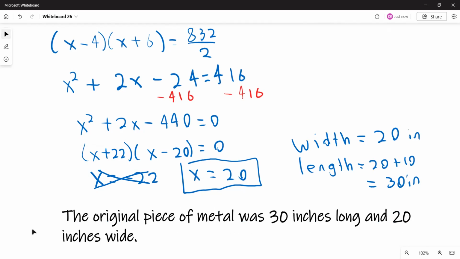Okay, now let's do one more example with geometry. This one involves the Pythagorean theorem. So I'm copying the statement. This is from page 125.